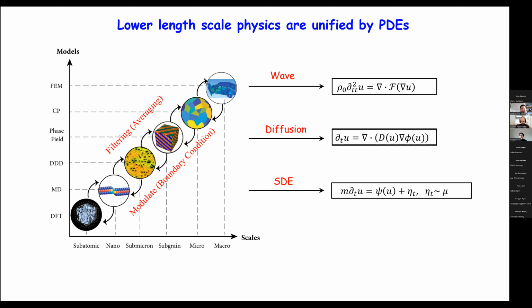And if we look at molecular dynamics, that's a bit more challenging. Based on what kind of theory you use, you can end up with, for example, a stochastic differential equation, where your PDEs have some stochasticity. But nevertheless, the one thing that unifies all this physics is partial differential equations.